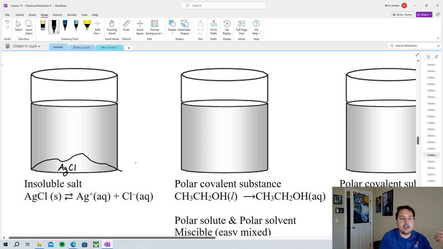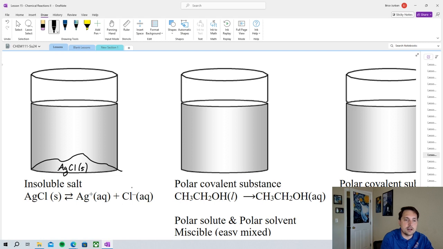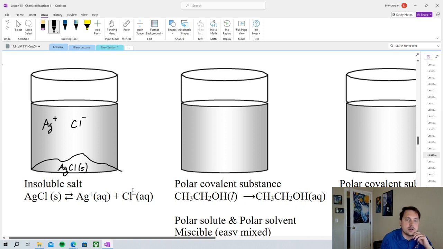Now, even though an insoluble salt is insoluble, it will, to some extent, break apart into silver plus and chlorine minus. So we'll have just a few ions here of silver and chlorine.